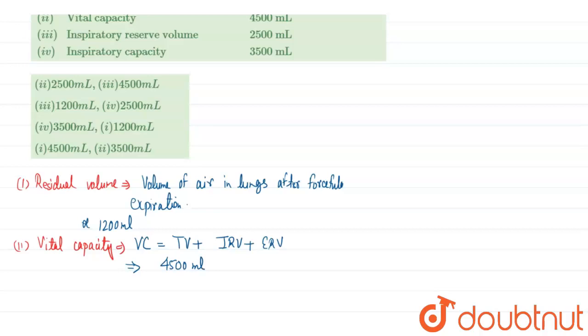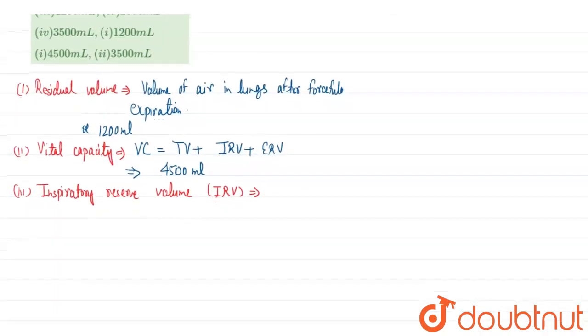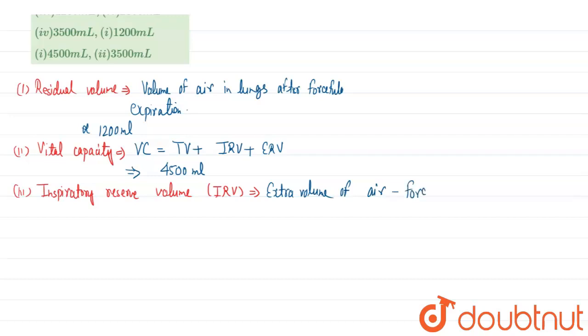If we are talking about our third option, it is the inspiratory reserve volume, which can be denoted as the IRV. It can be defined as the extra volume of air, as we have already said, that can be inspired by the forceful inspiration.